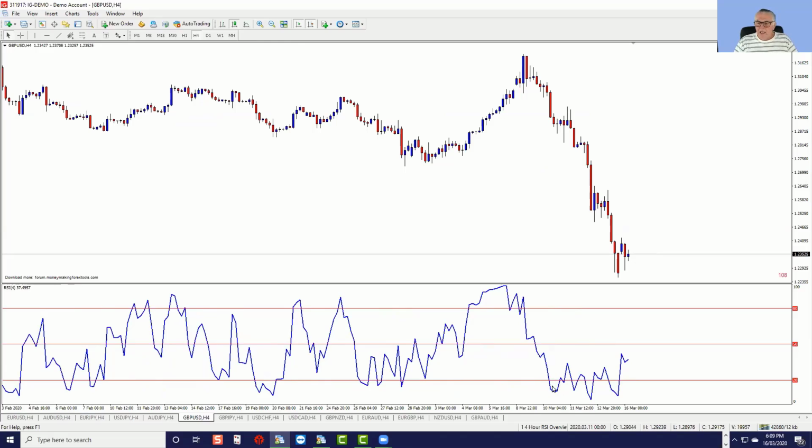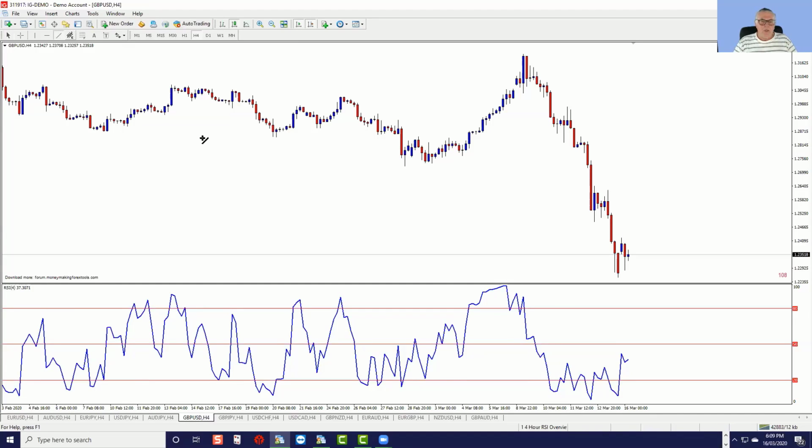In other words, if it's oversold, it will stay oversold and it will not go to that end. So that's one of the weaknesses of the RSI. You mustn't trade it in a trending market.